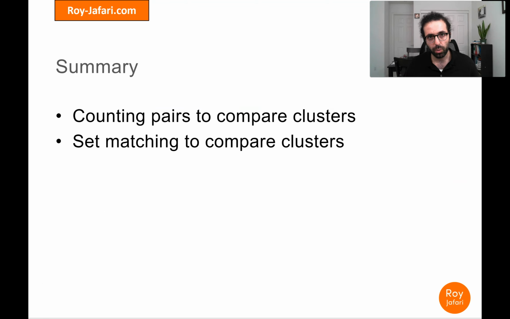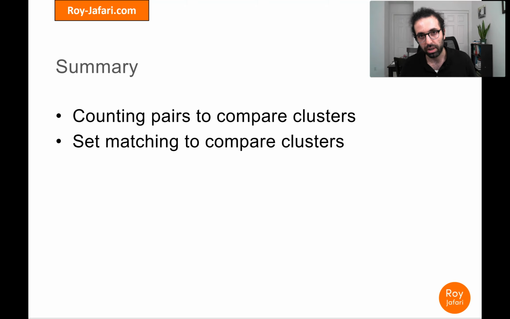Alright, so in this video we learned what we mean by comparing clusterings, and we learned about two types of metrics that capture similarity and dissimilarity between clusterings. We learned about counting pairs, which finds different situations based on pairs of data objects.